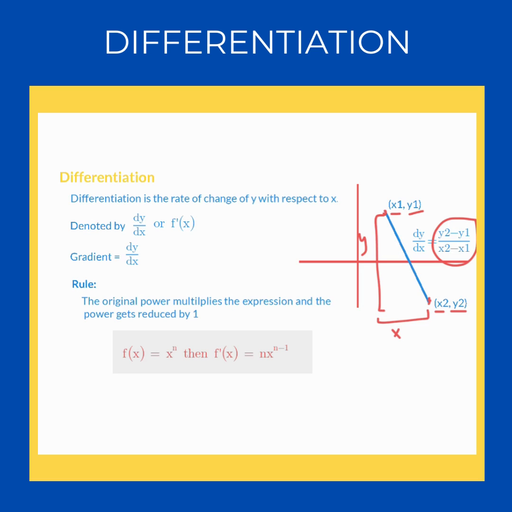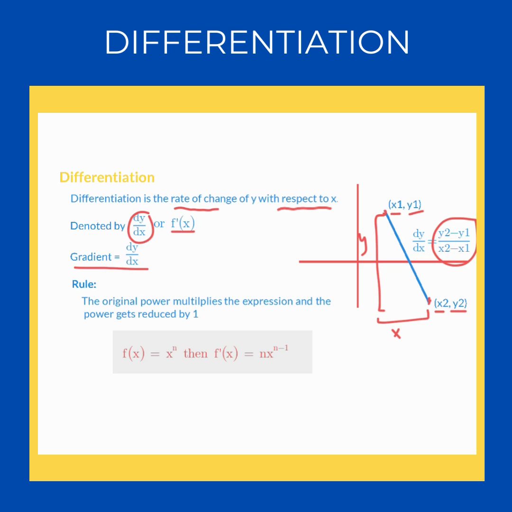Now, since differentiation is the rate of change of y with respect to x, and the gradient is also the rate of change of y with respect to x, I can simply say that the gradient, which is the derivative, which is usually denoted by dy over dx or f prime of x, is equal to the gradient.